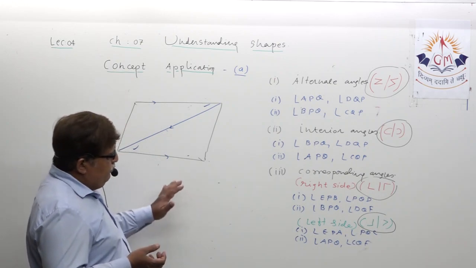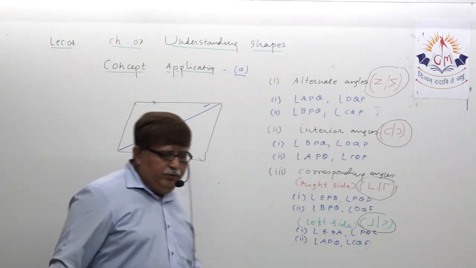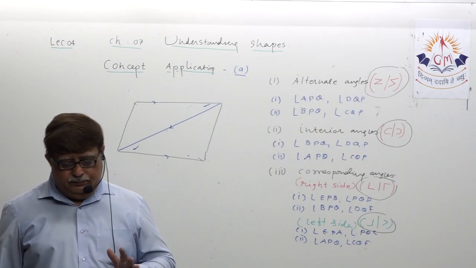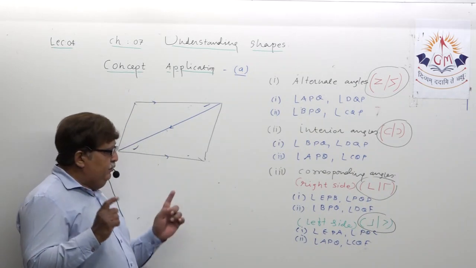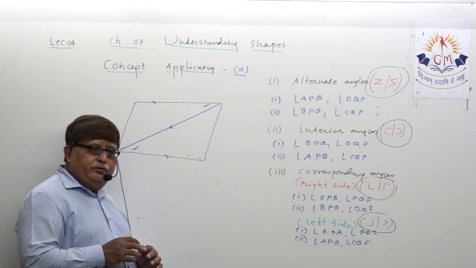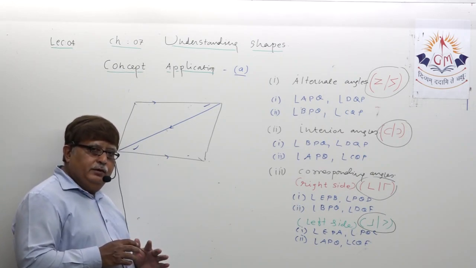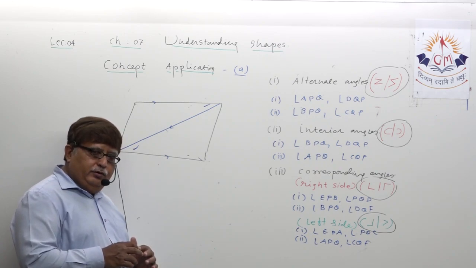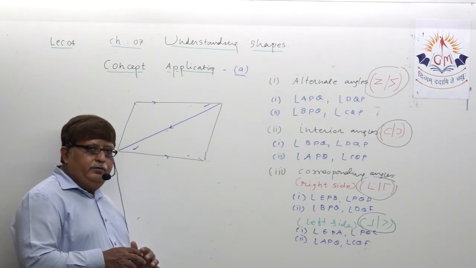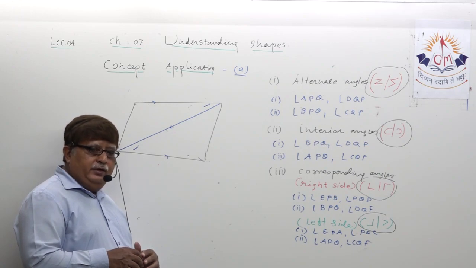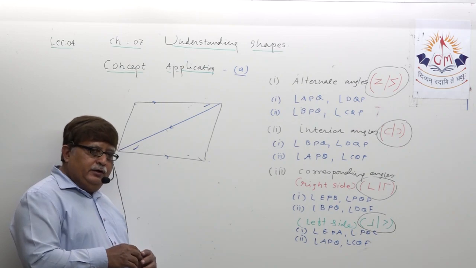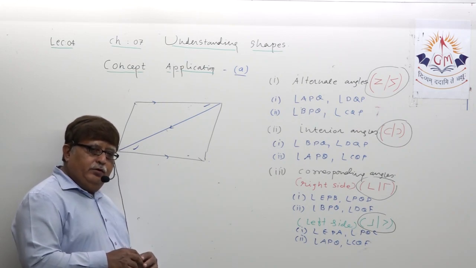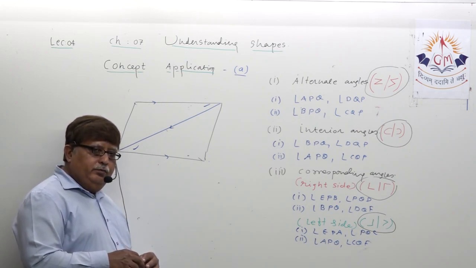Just now your concentration has to be on this: whenever three coplanar lines intersect each other, you should be able to get pairs of alternate angles, pairs of interior angles, pairs of corresponding angles. Understood?